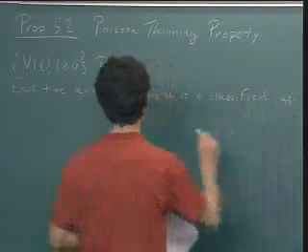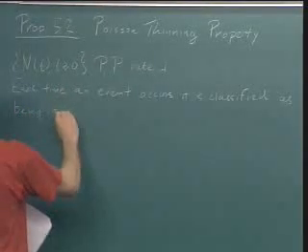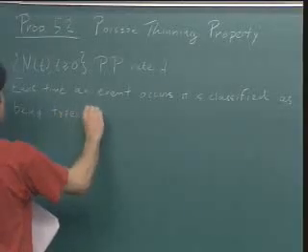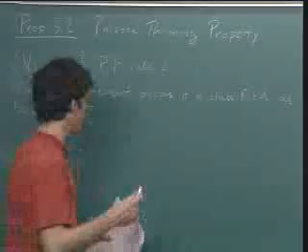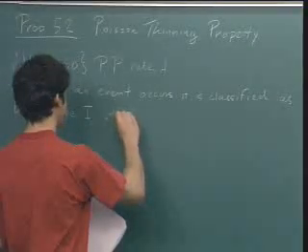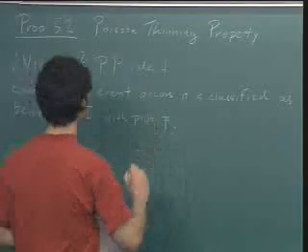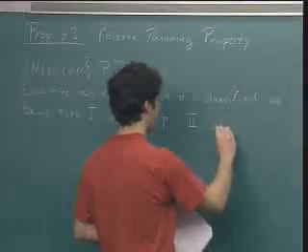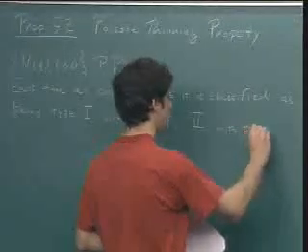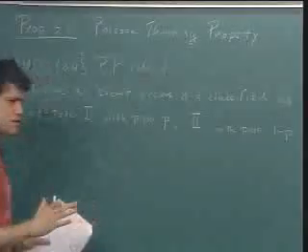It is classified as being type 1 with some probability, let's say probability p, and type 2 with probability 1 minus p. And p is a constant probability.